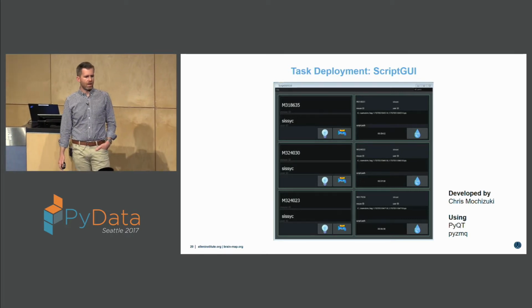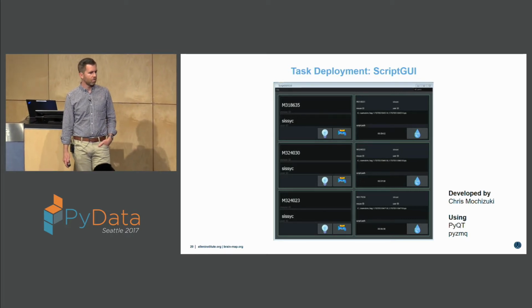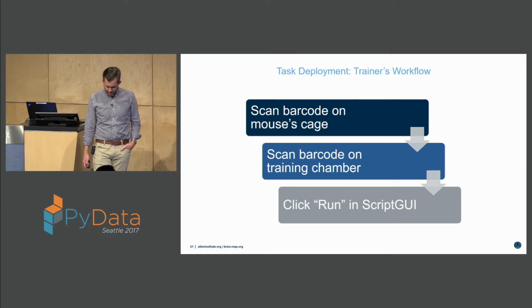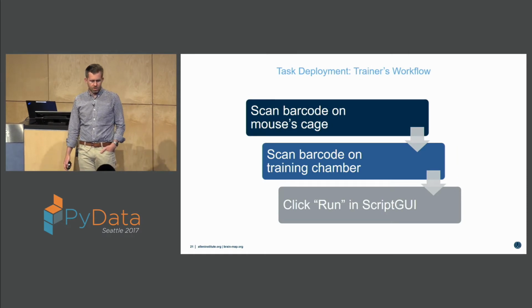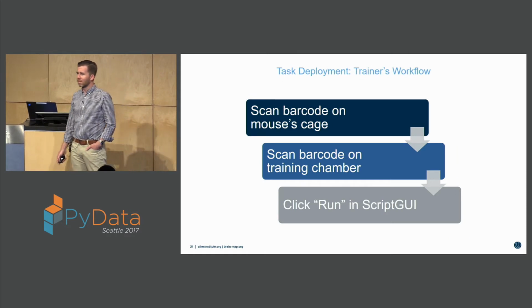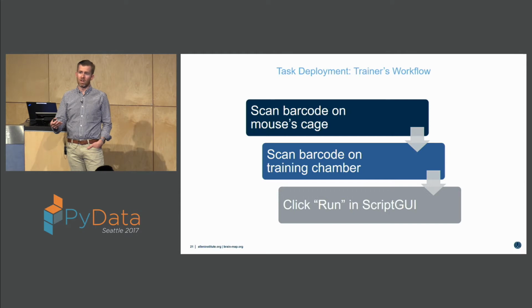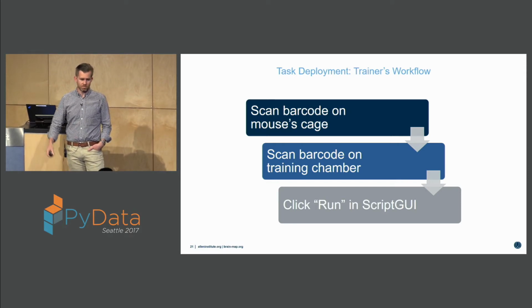Instead of typing things in, to minimize errors, the trainers only have to scan a barcode on the mouse's cage, scan a barcode on the training chamber, and then just click Run in Script GUI, which is the name of our little task deployer, and it runs.